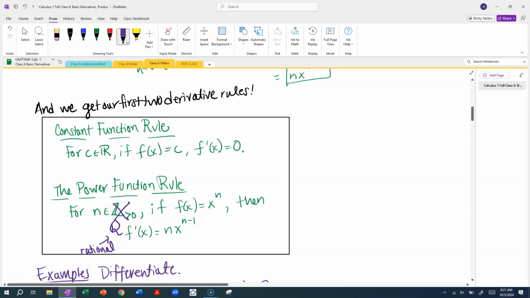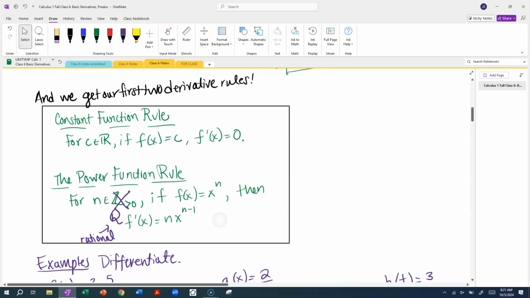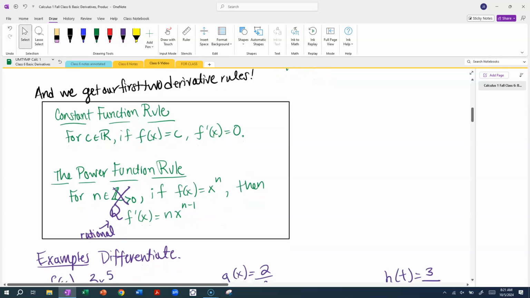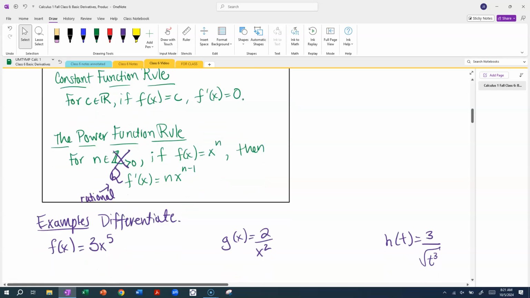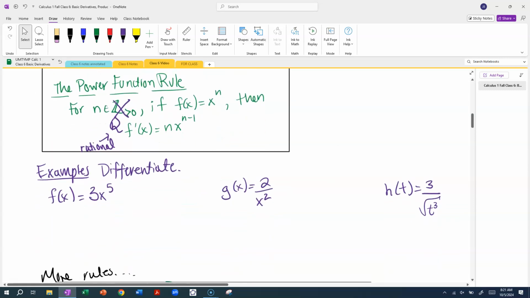It's just that typically when we talk about power functions, they are things that have positive integer exponents. But this process extends to anything that looks like x to a power. And so if we want to do some quick examples here, we'll do them together.